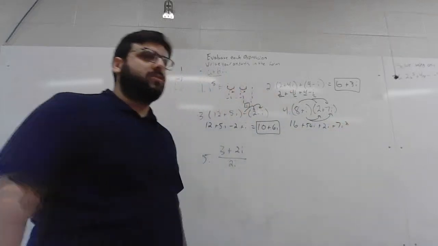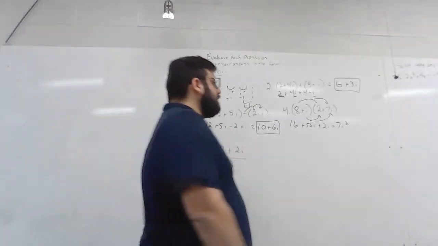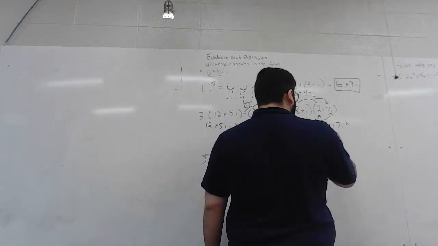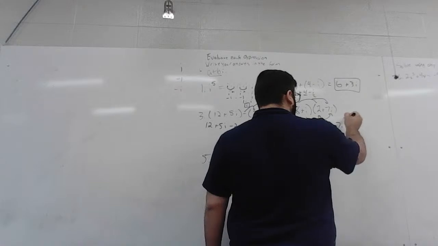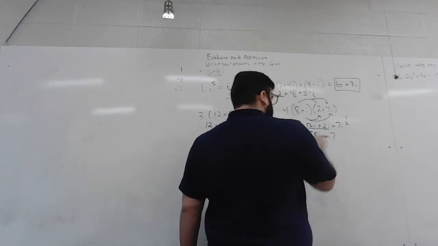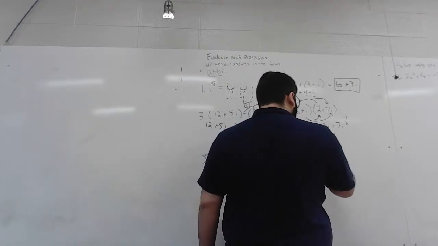We have to remember that i squared is always -1. So that's 16 plus, combining these two like terms, 58i. And -1 times 7 is -7. Then combine like terms: 16 minus 7 is 9. My answer is 9 plus 58i.